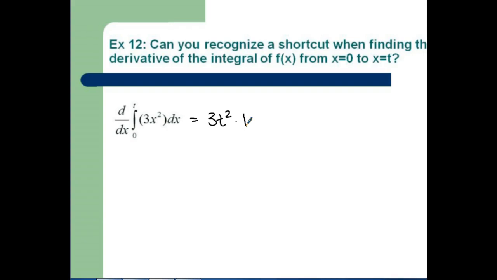So don't let a change of variable throw you off either. And again, the directions are not always going to say use the fundamental theorem of calculus. This right here is just you being able to recognize that taking the derivative of an integral is going to give you back that derivative.